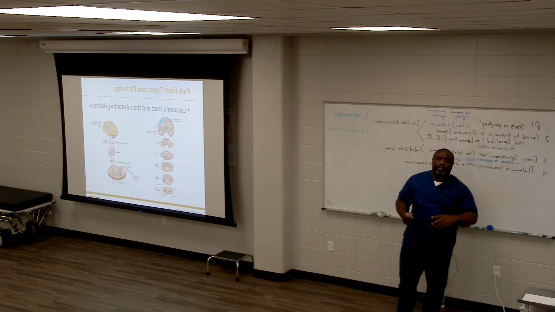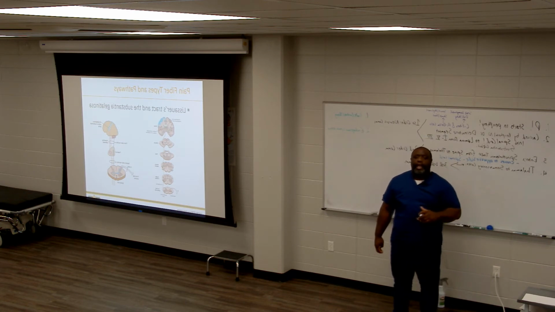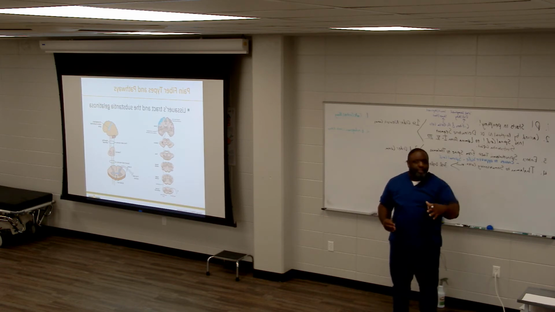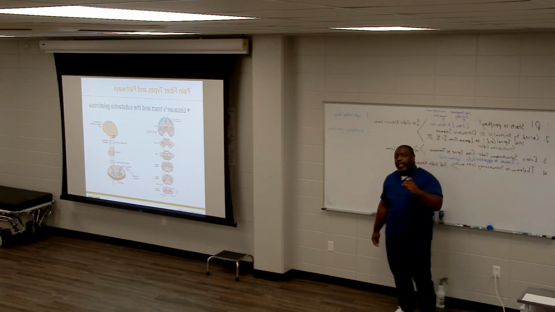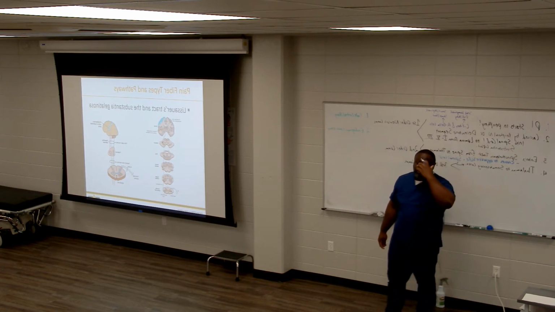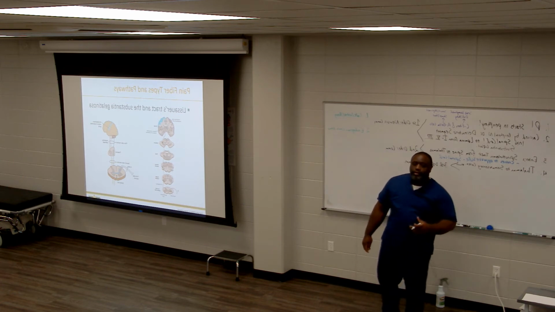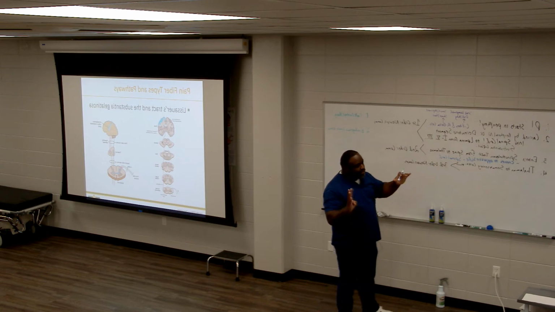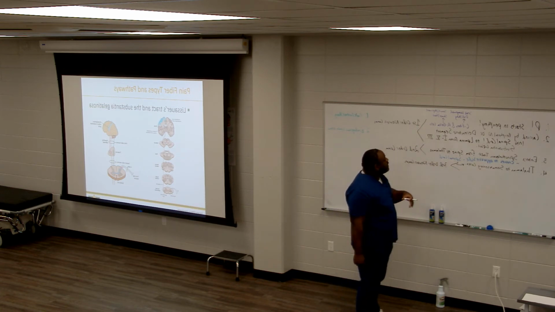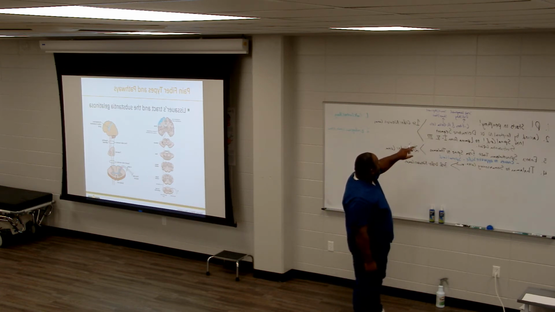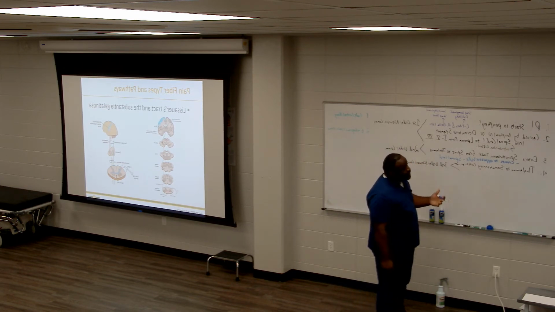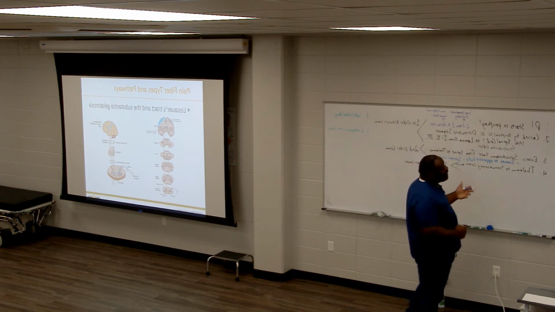It's called nodes of Ranvier. That's the way it communicates faster. Not important for this, just know that's how that works. So A delta is small, myelinated, so it communicates faster. C fiber is small, unmyelinated.